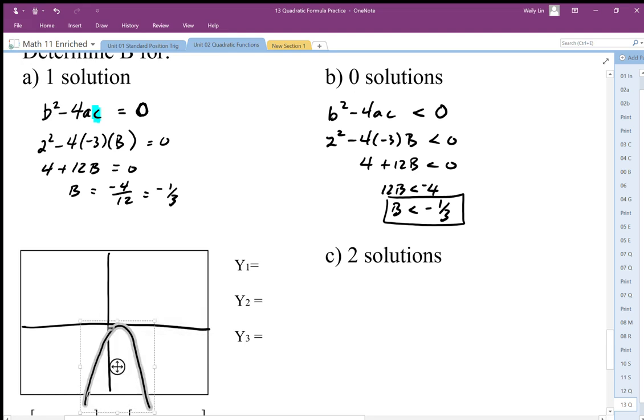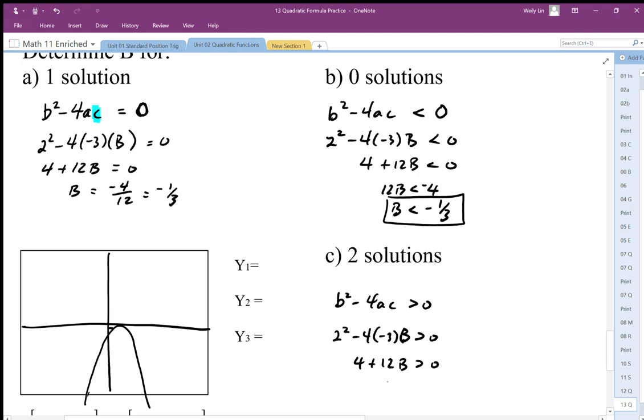So for two solutions, it's going to be the opposite. Again, we can just plug that in, but essentially we're going to end up with greater than negative 1/3. This time we want the discriminant greater than 0, and when we solve this, we end up with the same equation.